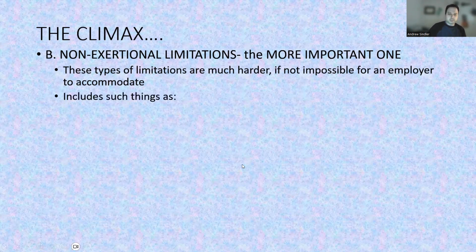So these include things such as maintaining attention, concentration, and focus. This is huge. And this is huge because, number one, despite what some judges and decision makers would have you believe, attention, concentration, and focus issues don't just stem from people that have mental health impairments.